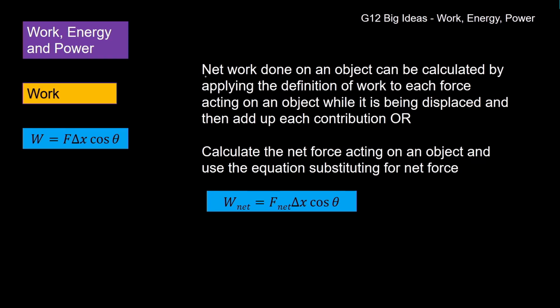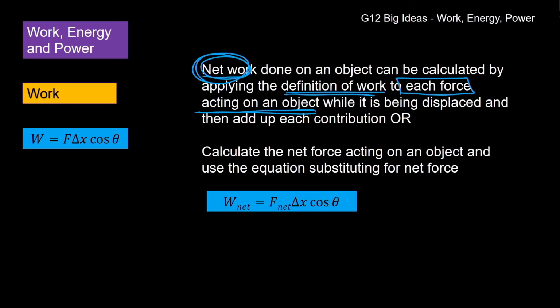The net work done on an object can be calculated by applying the definition of work, and it can be done in two ways. The first way is we could calculate the work done by each force in the system. Obviously there are a number of forces that can be working in a system: gravity, friction, an applied force.